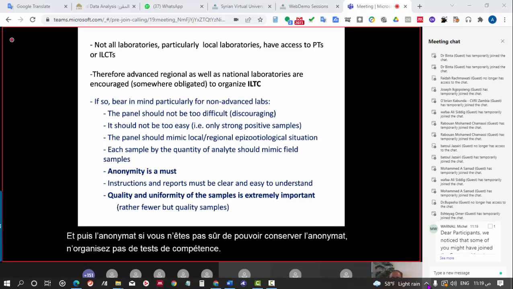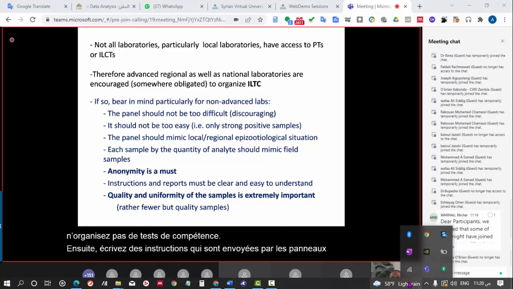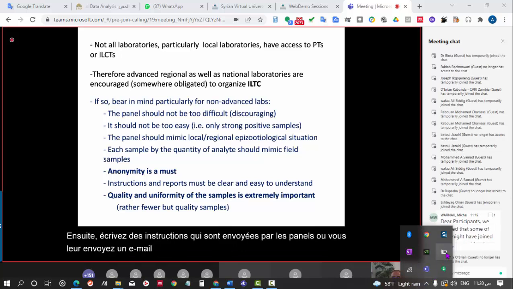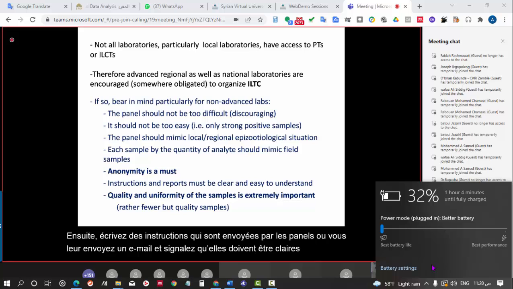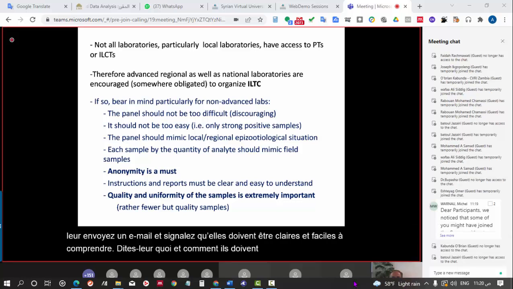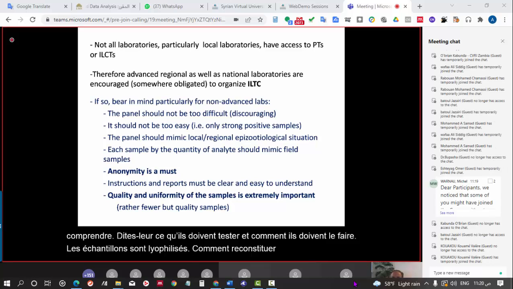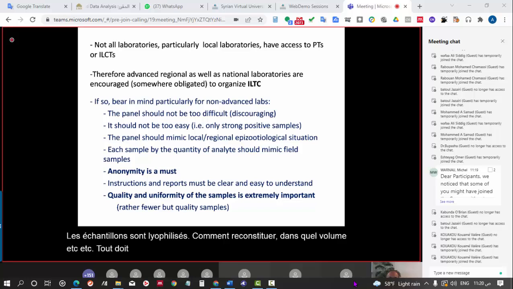Then, writing instructions that are sent with the panels, or you email them, and reports, they must be clear and easy to understand. Tell them what and how they have to test. If the samples are freeze-dried, how to reconstitute, in what volume, etc. Everything must be clear, comprehensive, and easy to understand.